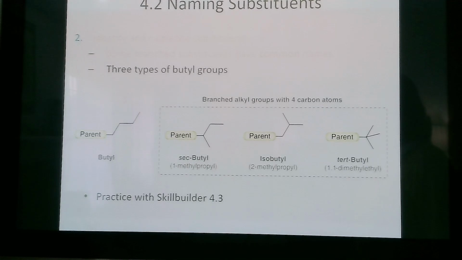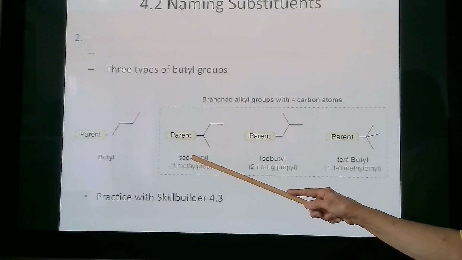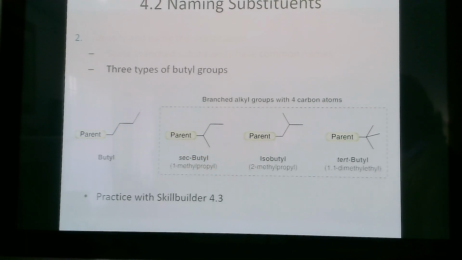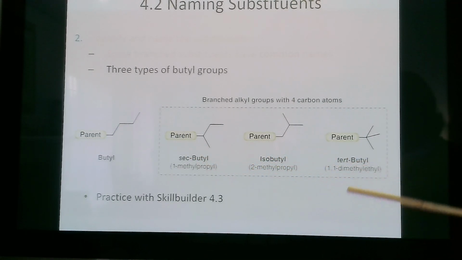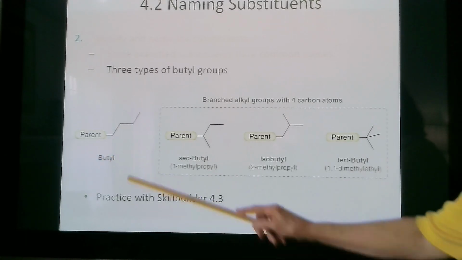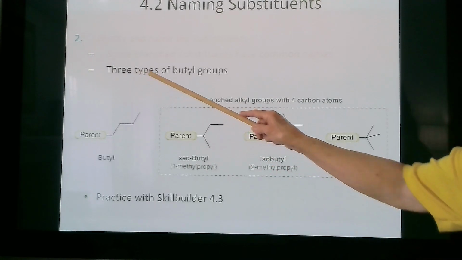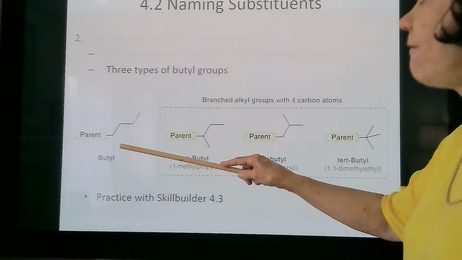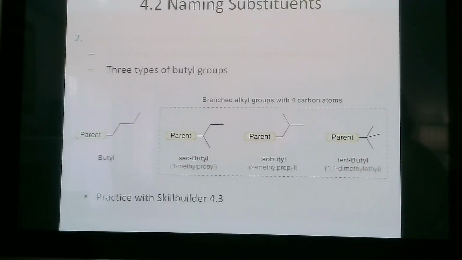And this may seem trivial to you, but it becomes very important later on. So when you're trying to enter these things into your homework, you'll need to enter them just like this. And then butyl has nothing in front of it, because this is just a straight chain butyl group. So this says 3 types of butyl groups. Actually, there are 4. There's 3 types of branched butyl groups.